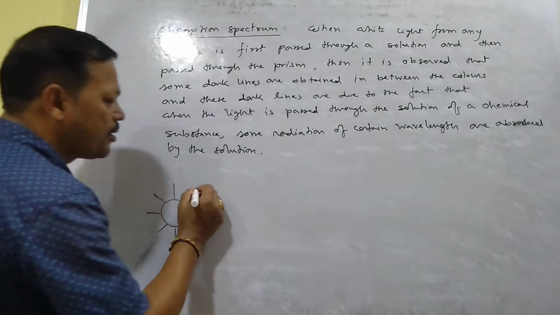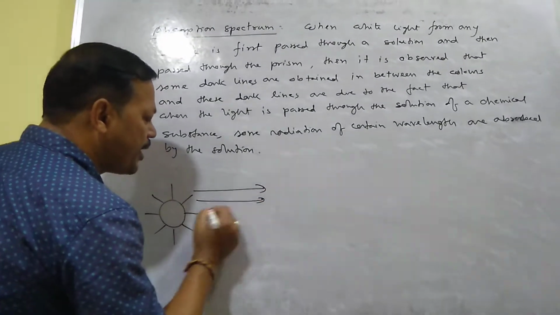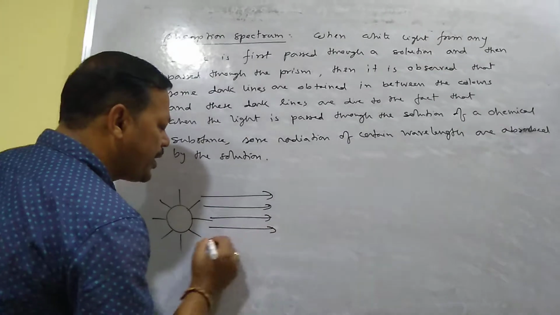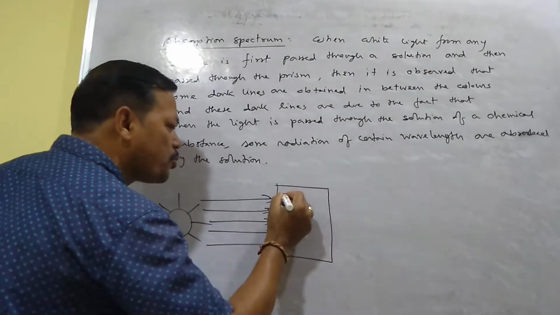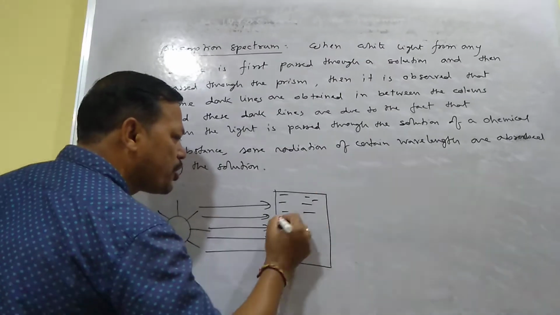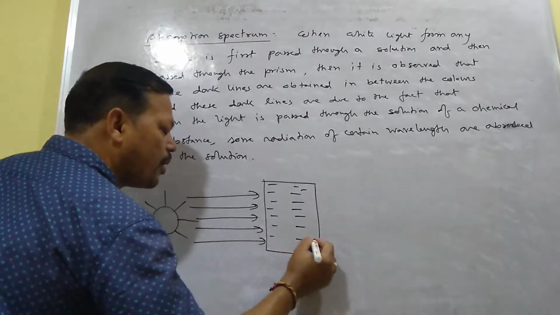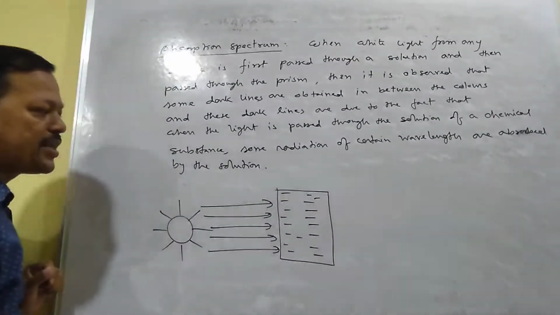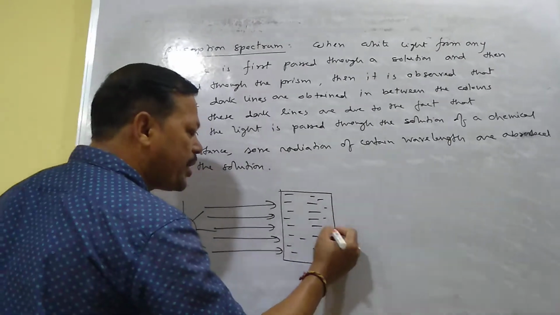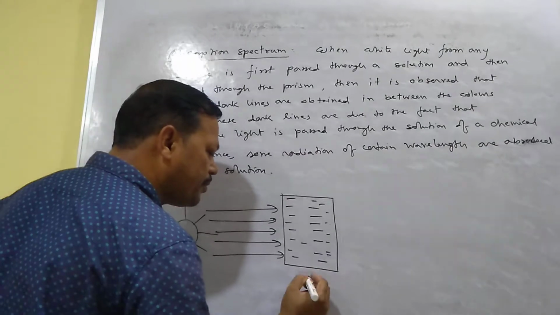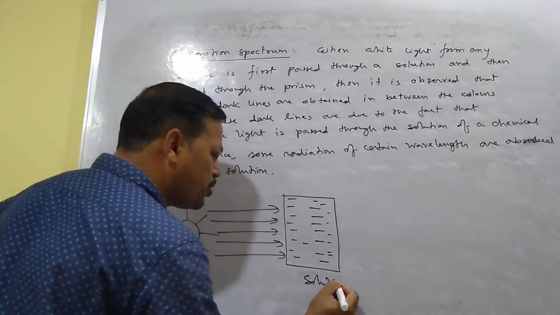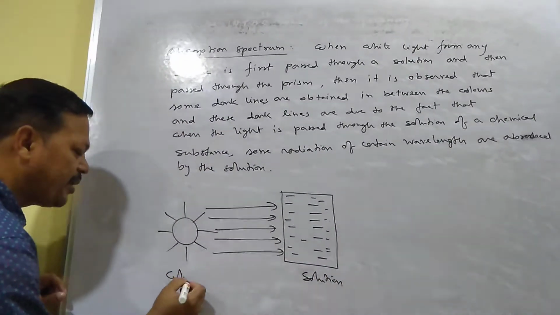These are the radiation of light. When the radiation of light first has to pass through a solution, this is a solution of a chemical substance. Some specific chemical substances are used which can absorb the radiation. So this is a solution, and this is white light.